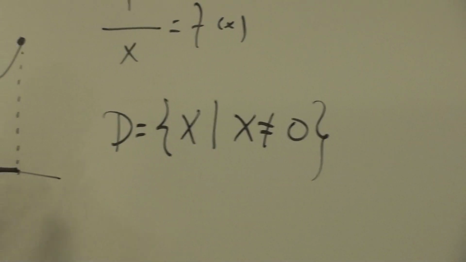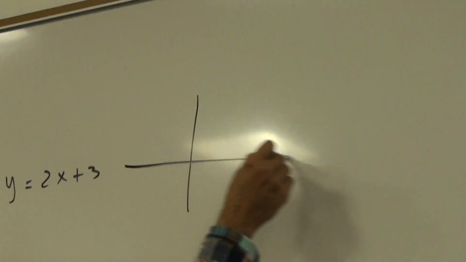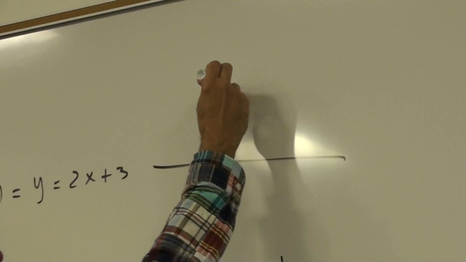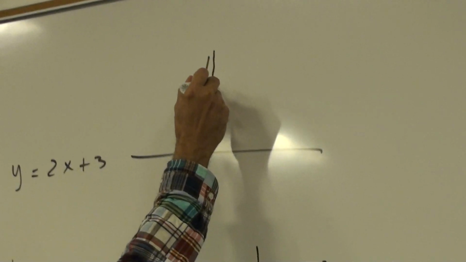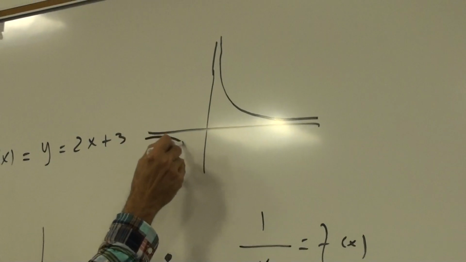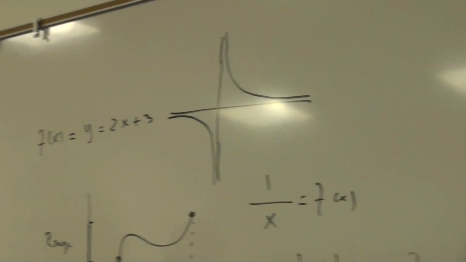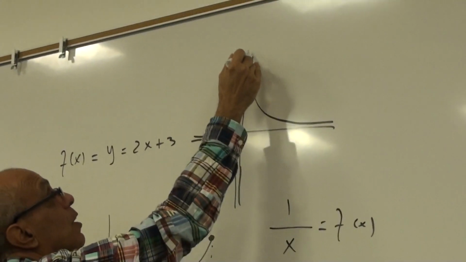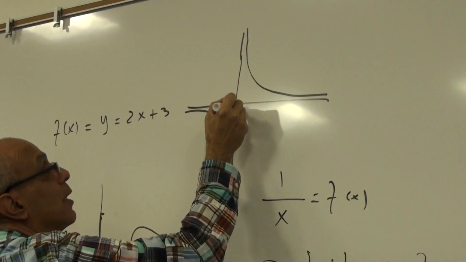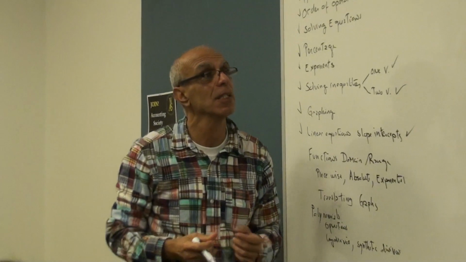So if you graph this function, how is it going to look? It's going to look something like this, okay? And something like this. So this is how this function looks. When x is 0, it never reaches any value there, so it doesn't exist, right?